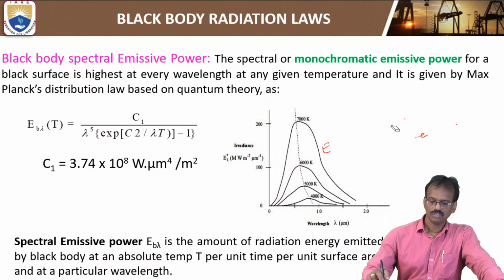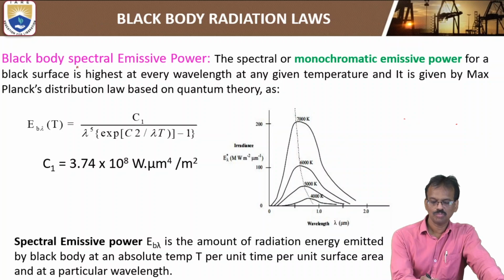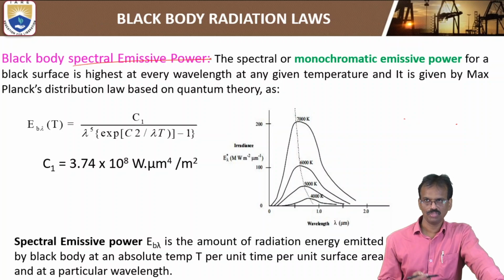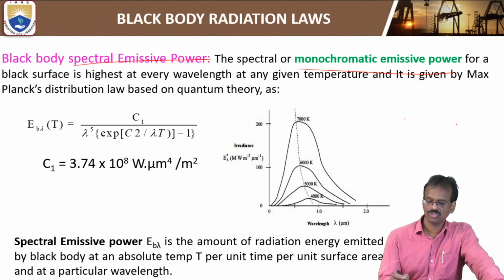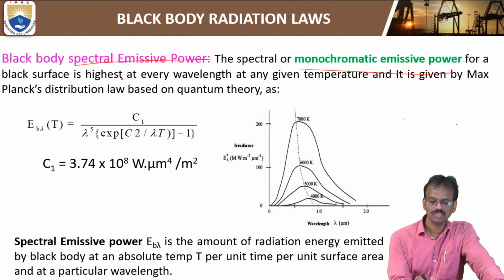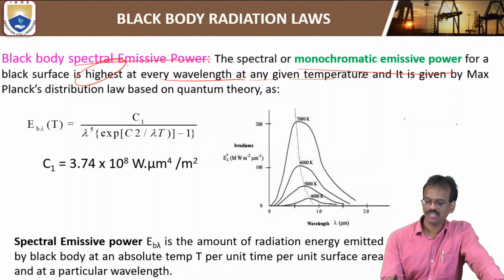By the help of Max Planck's law, you can find out the spectral emissive power, simply called monochromatic emissive power. Monochromatic emissive power means emissive power at a particular wavelength. The spectral or monochromatic emissive power for a black surface is highest at every wavelength at any given temperature.